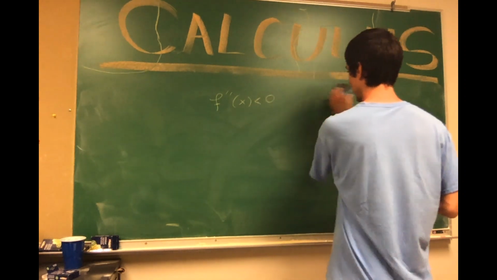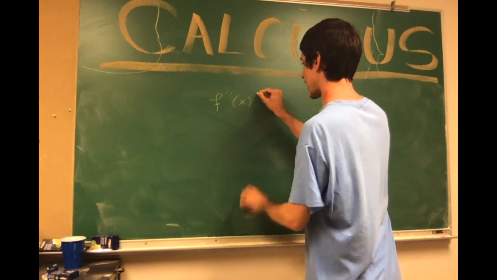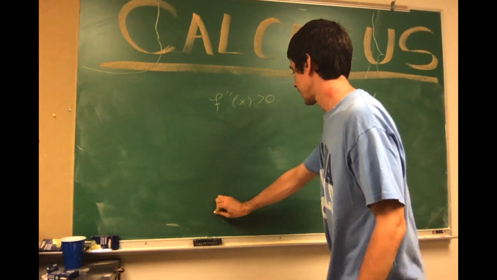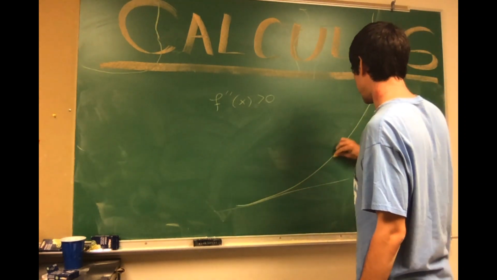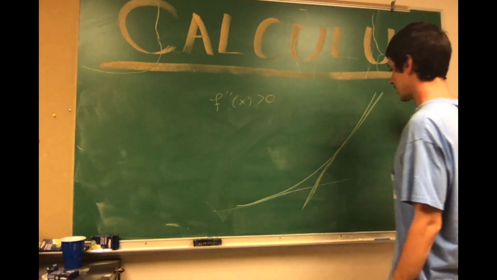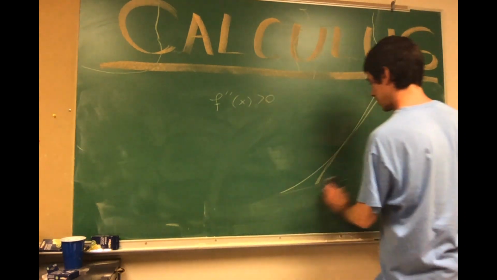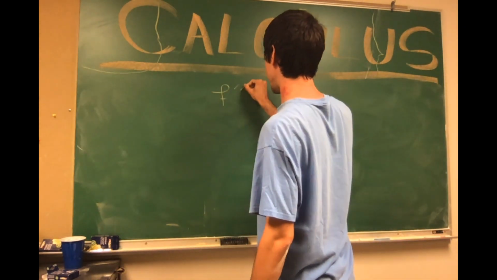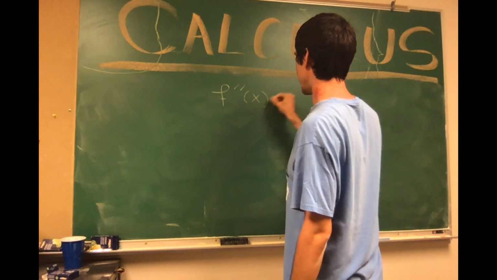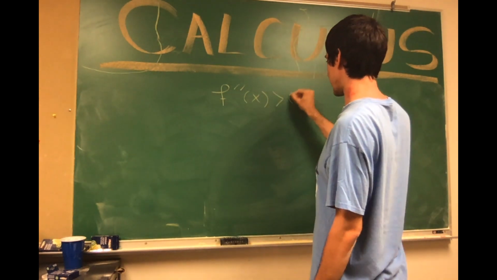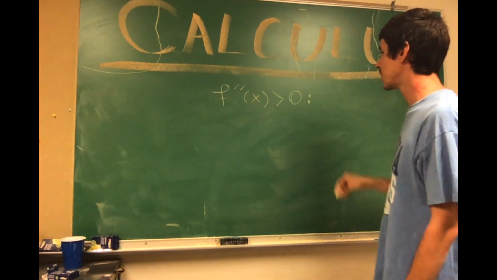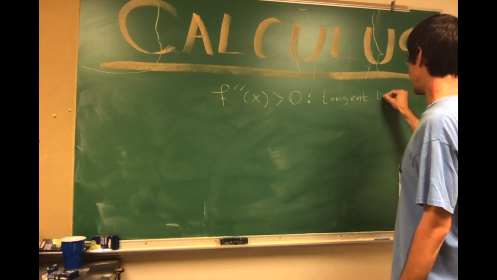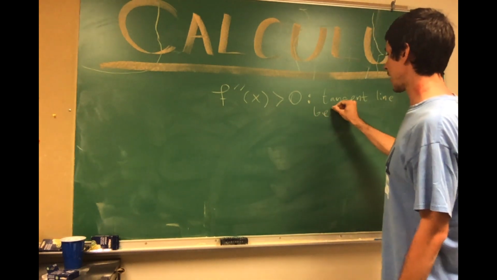And similarly, if the second derivative is positive, so the slope is increasing, the tangent lines are always below the graph. So the second derivative of x is greater than 0: the tangent line is below the graph.